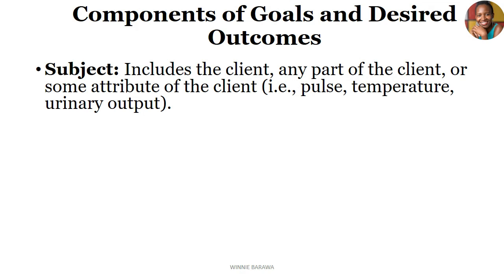When you're writing the goal, whether a student or a professional, you might be tempted to write in the essence of the nurse, like the nurse expects to do this and this after this period of time. But you're being told that the goal has to be in the client. It should be reflecting the client. You do not write it in the name of the nurse.